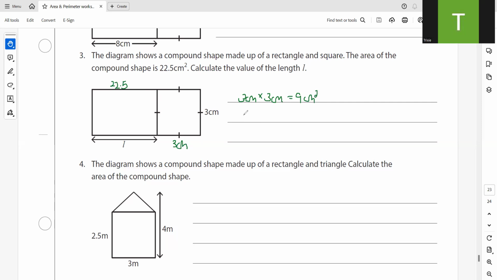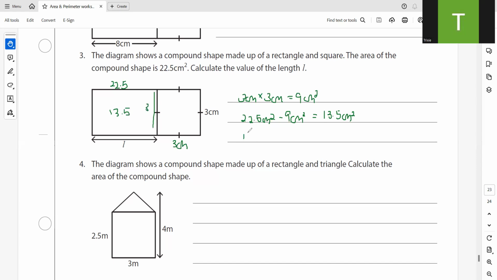So you'll take 22.5 cm squared minus 9 cm squared, as the 22.5 is the total. When you take 22.5 minus 9 cm squared, you'll get 13.5 cm squared. That means the 13.5 is the rectangle here. As you know, the height of the rectangle is 3.